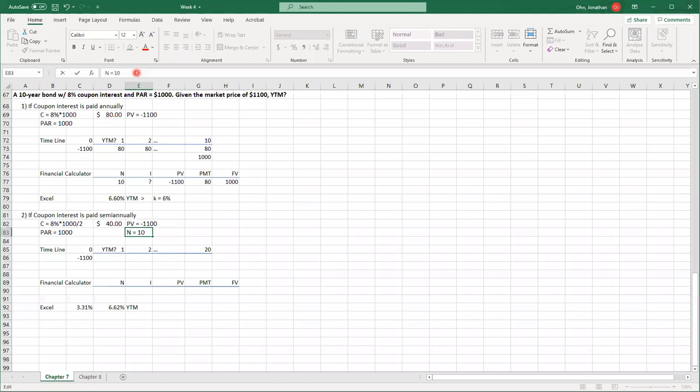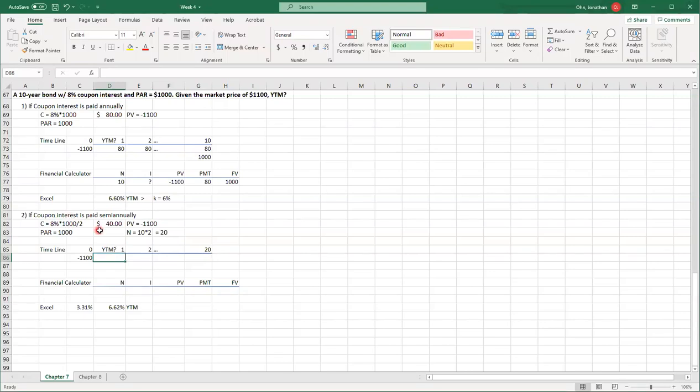10 years, but if I multiply that by 2, that is 20. Not 20 years, 20 periods. So 20 periods, 6 months each. That's the time horizon. And then you pay $1,100.